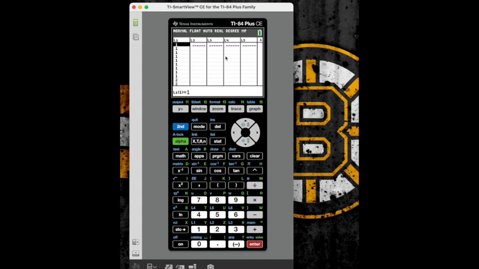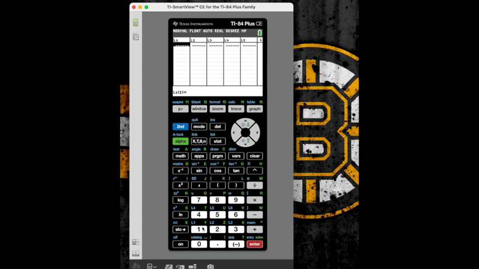And then you pick one of these lists to enter your data. Now, if you want to use list one or a certain list and you already have data values in there that you want to clear out, you can use your up arrow to highlight the list, then hit clear and then enter, and that will clear all the values at once. Then you're going to enter your values.